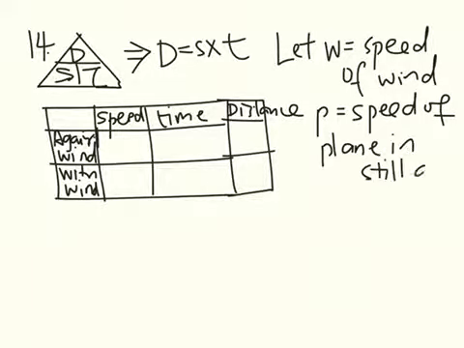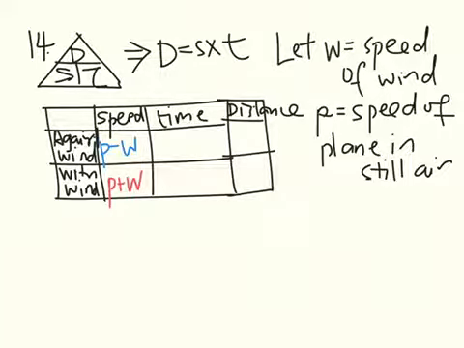So from here, if the plane is traveling against the wind, the speed will be the speed of the plane subtracting the speed of the wind. If the plane is traveling with the wind, it will be the speed of the plane plus the speed of the wind.